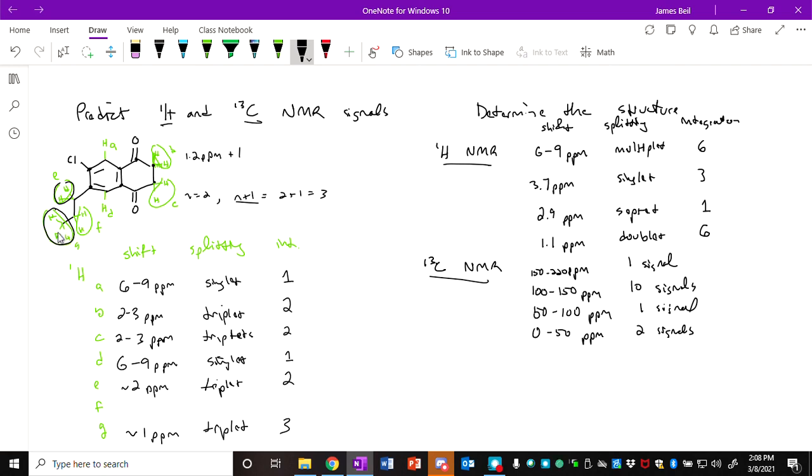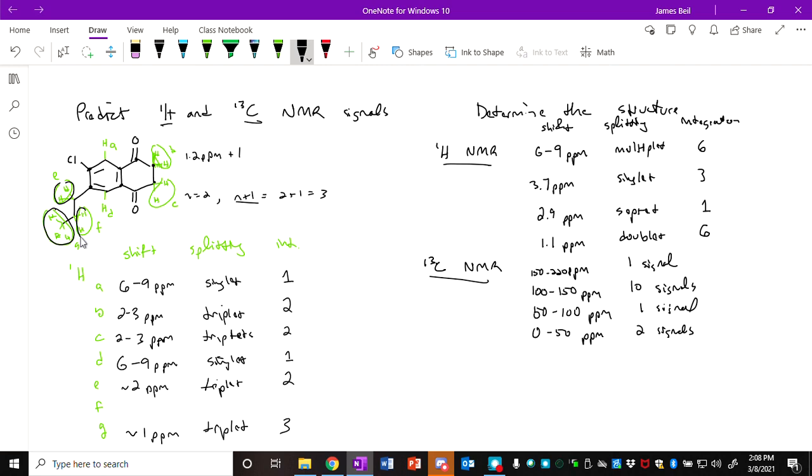It's also possible, though, that the methyl group is splitting with a very different coupling constant from this CH2. If that's true, the CH2 would split it into a triplet, and the CH3 would split it into a quartet, or 3 plus 1. So I might see a sextet if they're all splitting with the same coupling constant. I might see a quartet of triplets, or a triplet of quartets. So there are really 3 possibilities there.